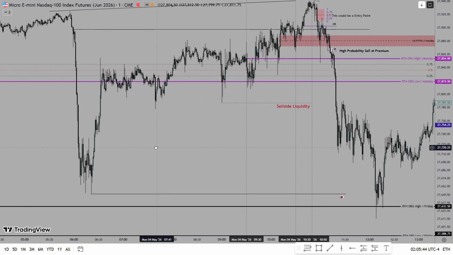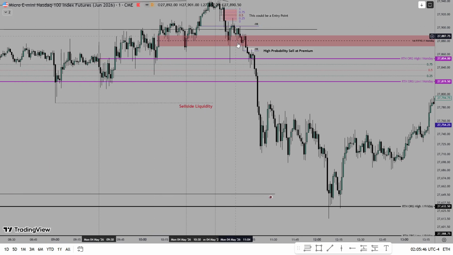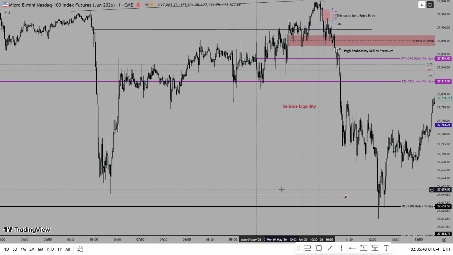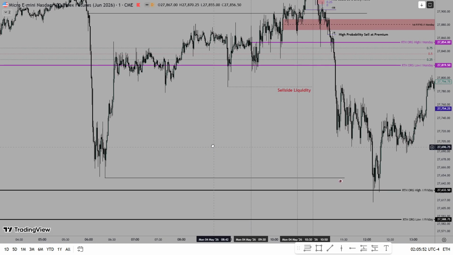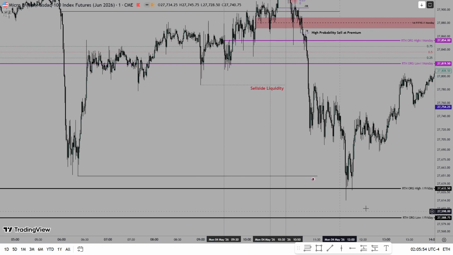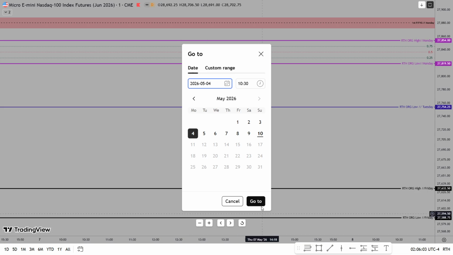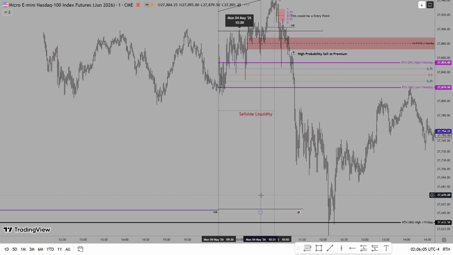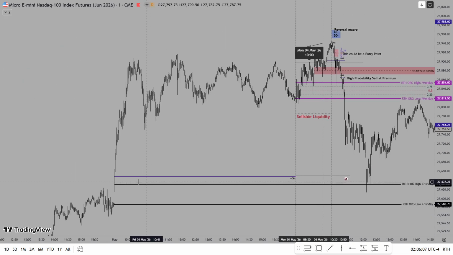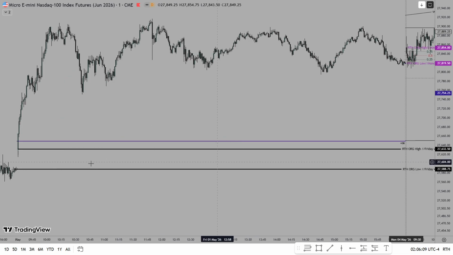So price drops lower, takes out these lows, and got the liquidity, as well as it traded to the regular trading hour gap high of Friday. Let's come to the regular trading hour gap and you can see that. This is the regular trading hour gap of Friday.